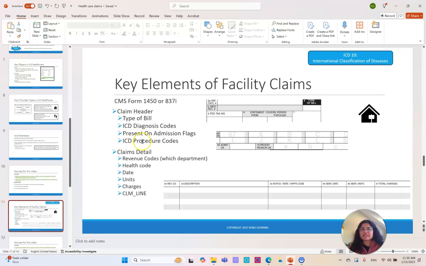In a facility claim, there are also ICD procedure codes, and these procedure codes are usually used for surgeries. And that's all I'll say about procedure codes. In a later video, when we work with the data, I might talk about this some more. So that's on the claim header. All this information is on the claim header.